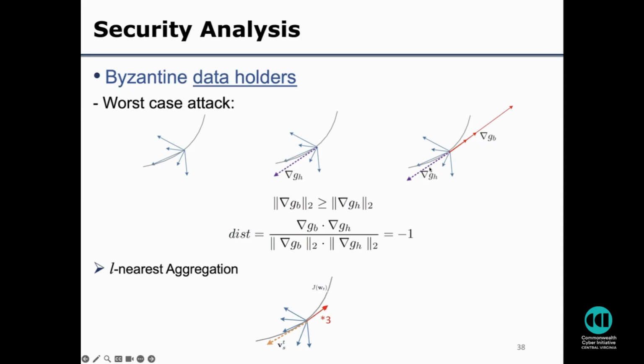They find these gradients and broadcast them in a different direction from the actual one, and even with larger magnitude.